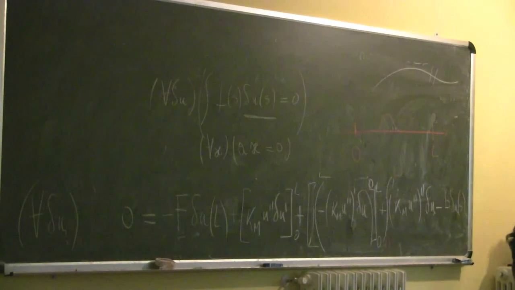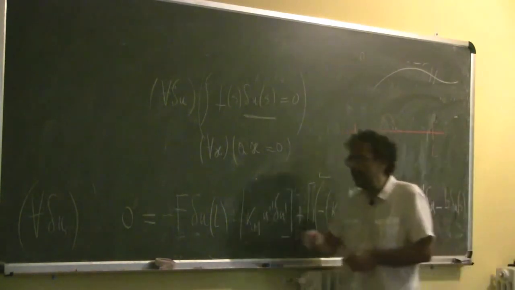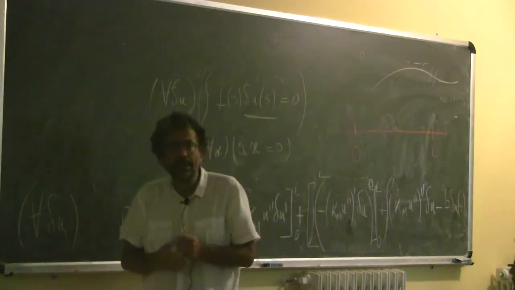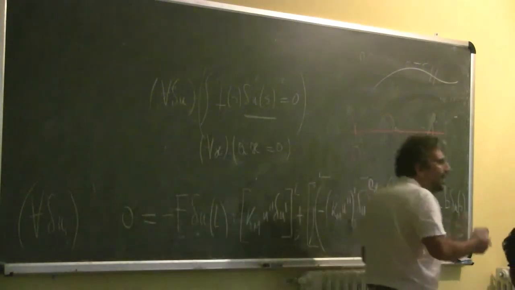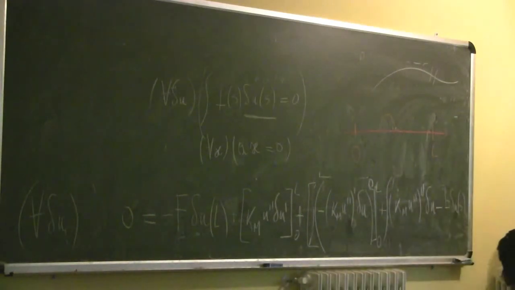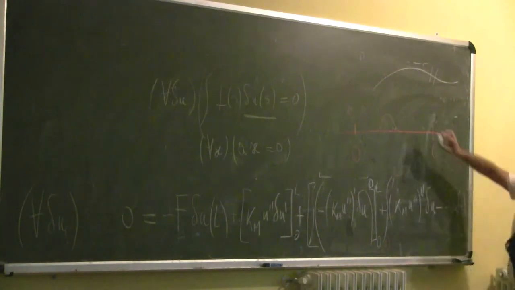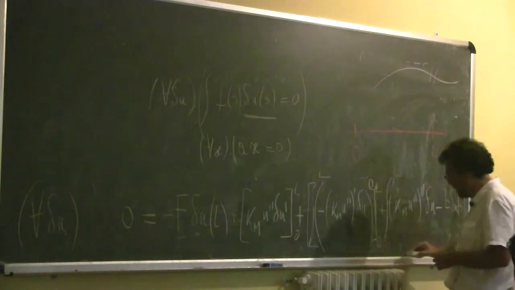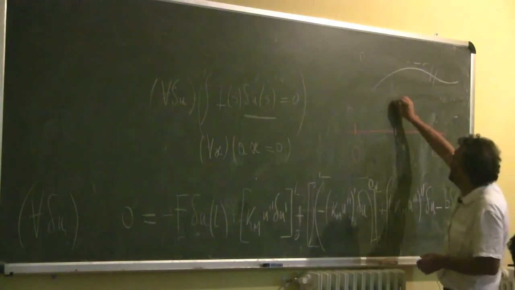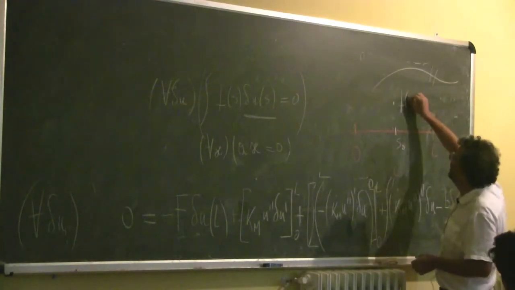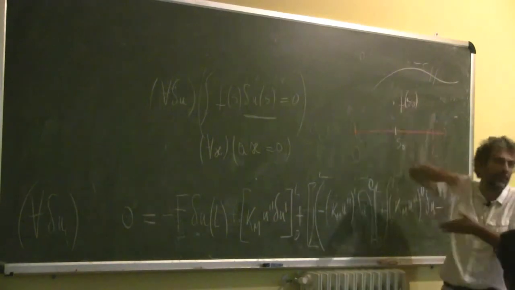We can try to understand why this happens. The reasoning is by absurdo. Assume that f is not 0 in a given point. So we take s0 and we assume that f of s0 is positive.